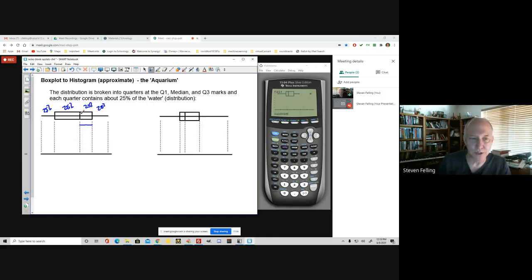Right? But this region is about twice as wide as this region, so this region would only fill up half as far, right? This region over here is just a little bit wider than this, so it'll fill up almost as high as this. And this region over here, again, is just a little bit wider than this, so it'll fill up almost as much.